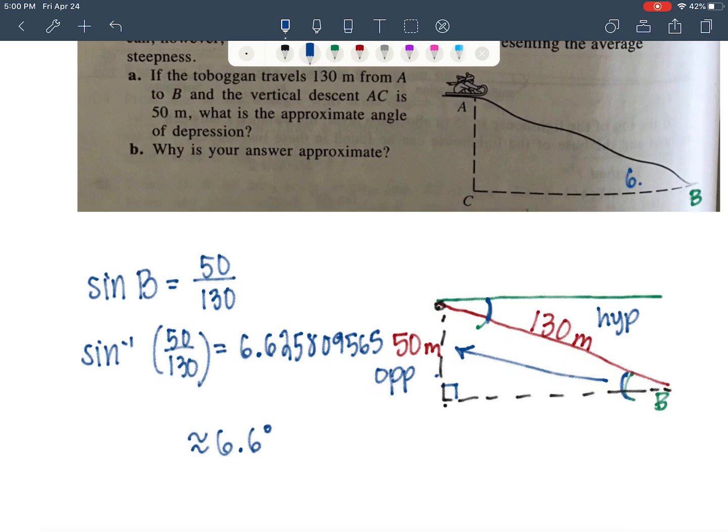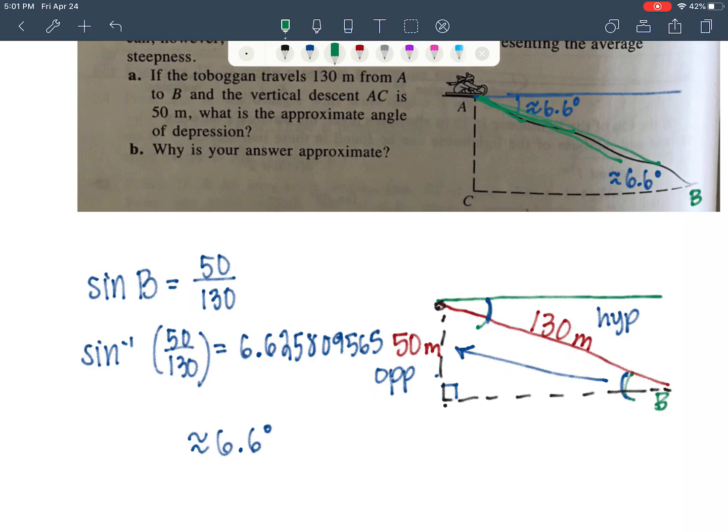Now, why is this angle of depression approximately 6.6 degrees? Well, you can see that the steepness is changing. So here we're steep, and then here we're not as steep. And then here we're just as steep, and then we're not as steep.